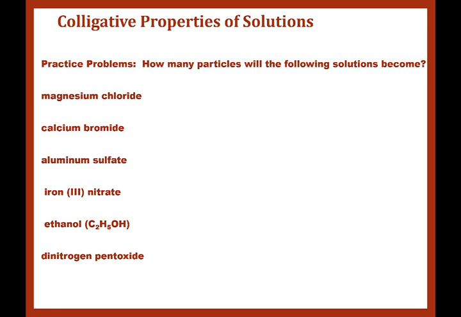Okay, so just to make sure, we're not going to do all of these because that would be redundant, but let's do a couple of them real quick. Magnesium chloride would look like that, so that would give you 3 particles. Aluminum sulfate would be Al2(SO4)3, that would be 5 particles.